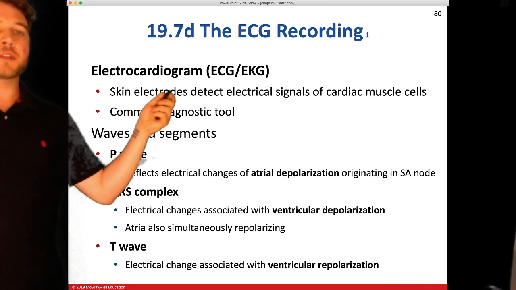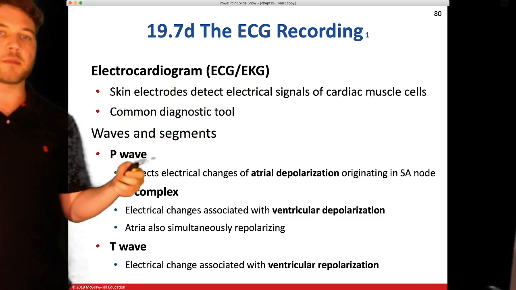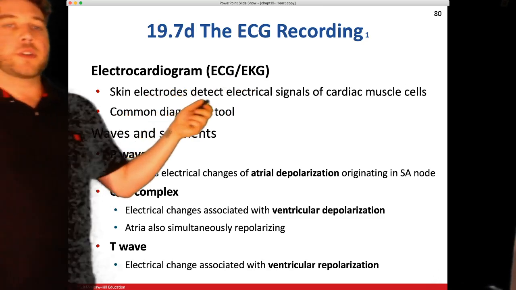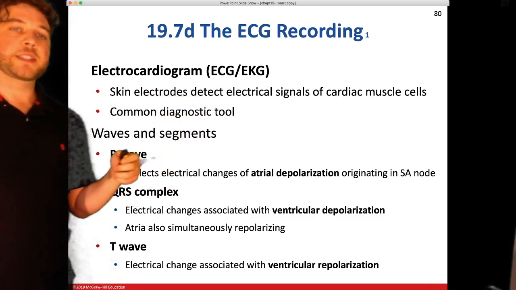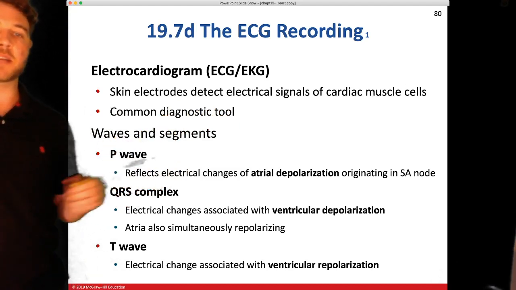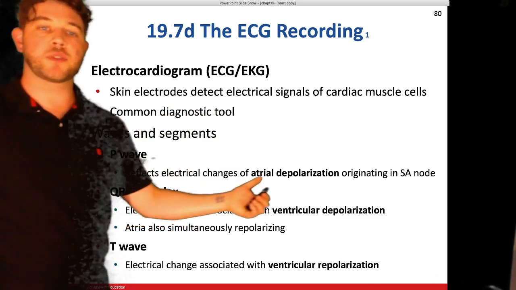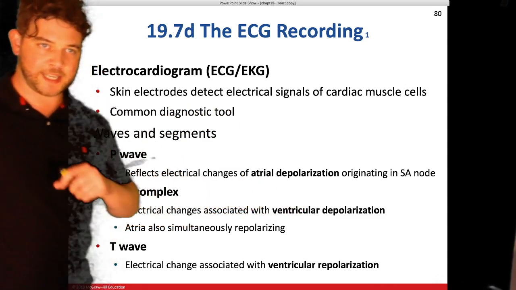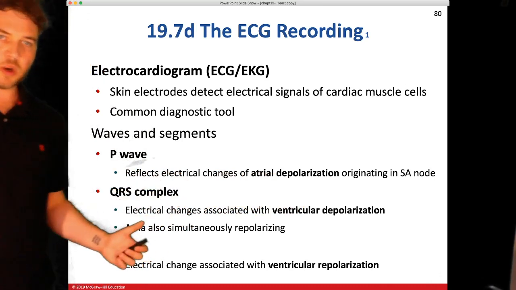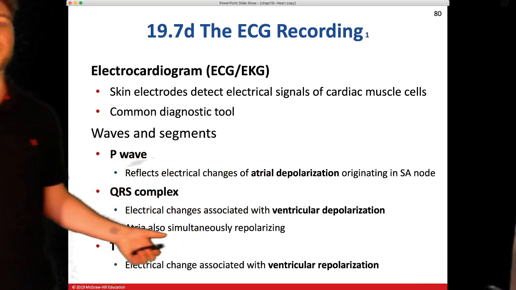Electrocardiogram, ECG, EKG, same thing, one's Greek, one's Latin. The skin electrodes detect electrical signals of the cardiac muscle cells, a very common diagnostic tool. You have different waves and segments. The P wave reflects the electrical changes of atrial depolarization originating in the SA node. The QRS complex is the electrical changes associated with ventricular depolarization.